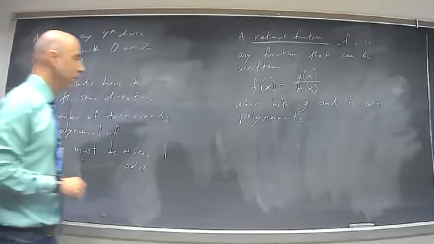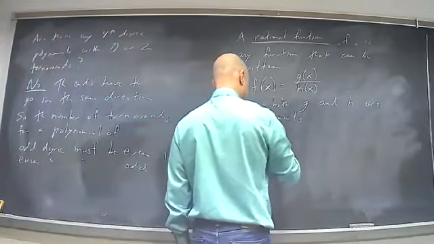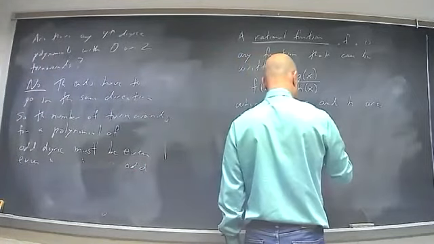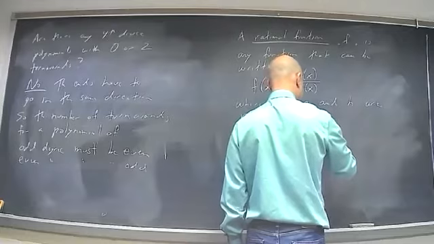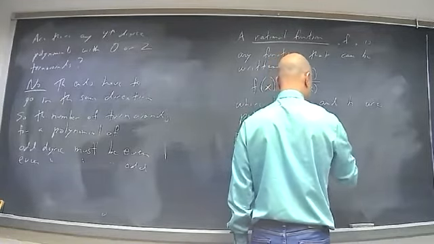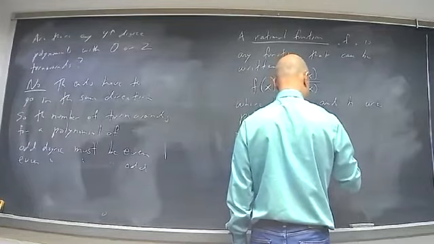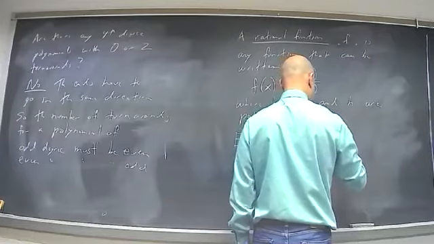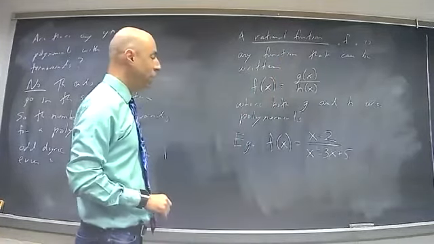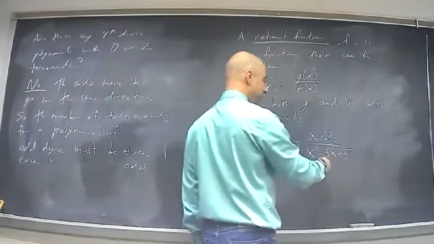For example, say f of x equals, let's say, x minus 2 over x squared minus 3x plus 5. I have a polynomial of degree 1 on top and a polynomial of degree 2 on the bottom.